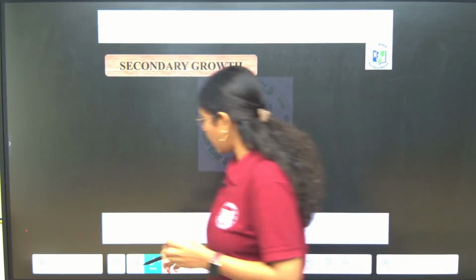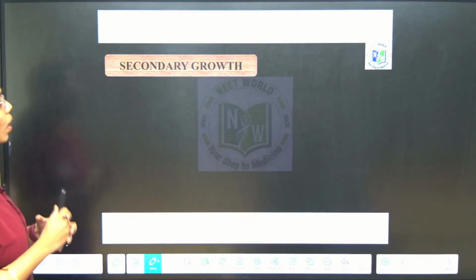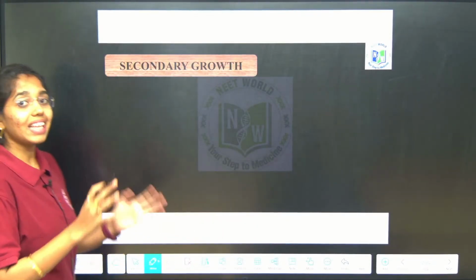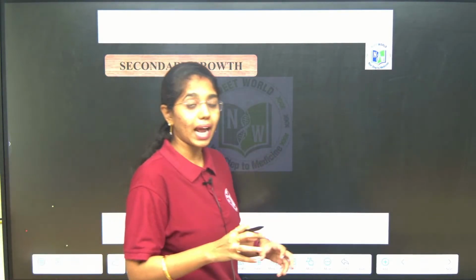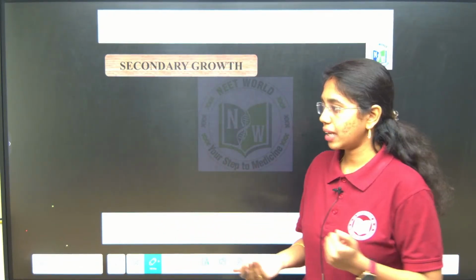So now you see what is secondary growth in detail. Secondary growth is nothing but increase in thickness or girth of the plant by the activity of lateral meristems or secondary meristems.